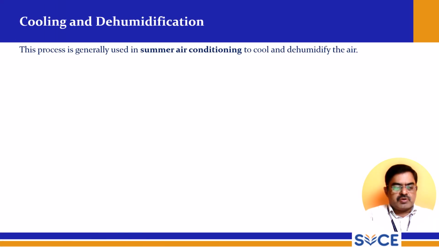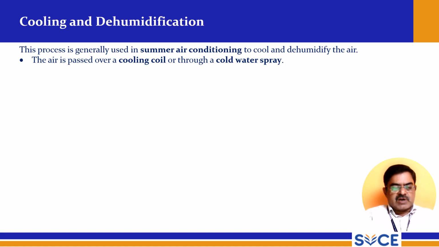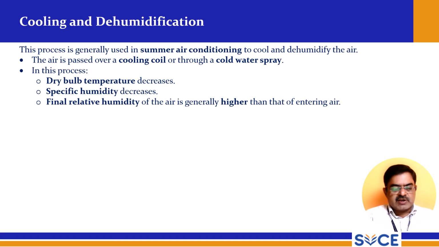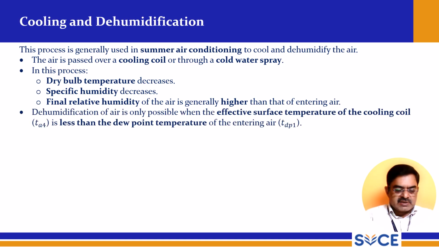Cooling and dehumidification: this process is generally used in summer air conditioning to cool and dehumidify the air. The air is passed over a cooling coil or through a cold water spray. In this process, dry bulb temperature decreases, specific humidity decreases, and the final relative humidity of the air is generally higher than that of the entering air.